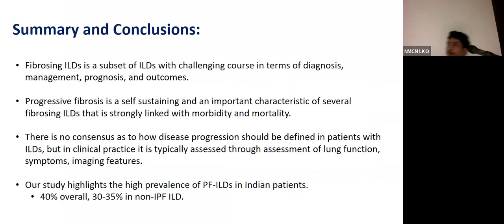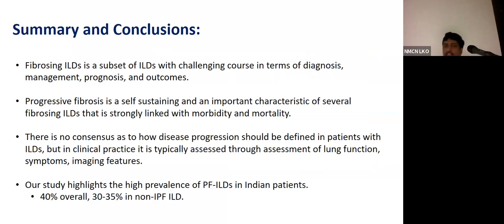Now, coming to summary and conclusion. Fibrosing ILD is a subset of interstitial lung disease with a challenging course in terms of diagnosis, management, prognosis, and outcomes. Progressive fibrosis is self-sustaining and an important characteristic of several fibrosing ILDs that is strongly linked with morbidity and mortality.